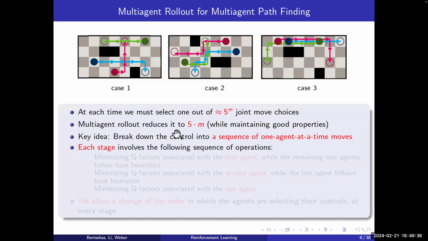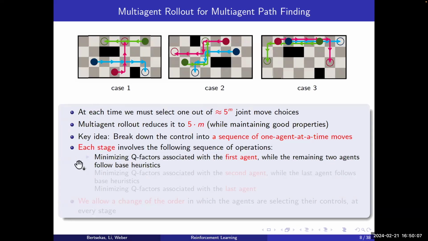In particular, you need to remember that multi-agent rollout, just like rollout, is an online algorithm, so the computation needs to be repeated at each stage. And each stage involves the following sequence of operations. Let's say this is agent 1, and this is agent 2, and this is agent 3.